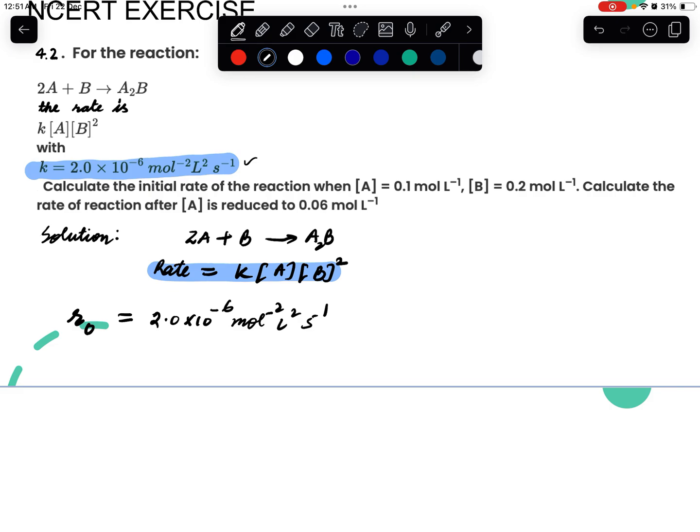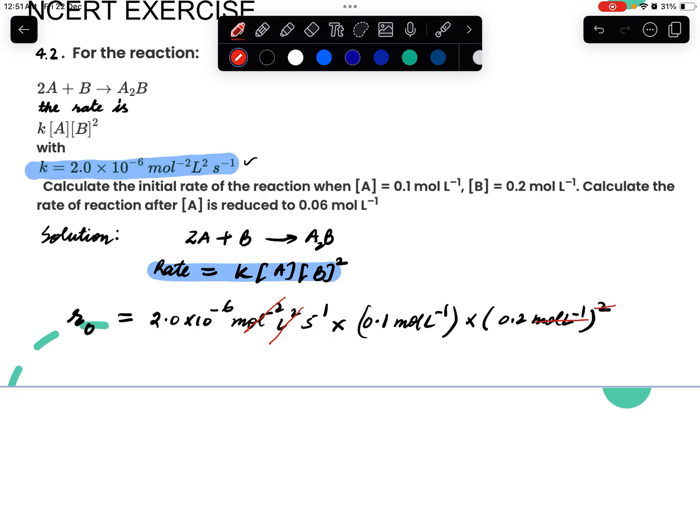Then we write the concentration of the first one, which is 0.1 moles per liter, and for the second one, it is 0.2 moles per liter, and here we put power 2. Now when we simplify, have a look at the units. These two will be cancelled by this because here again the power is 2.